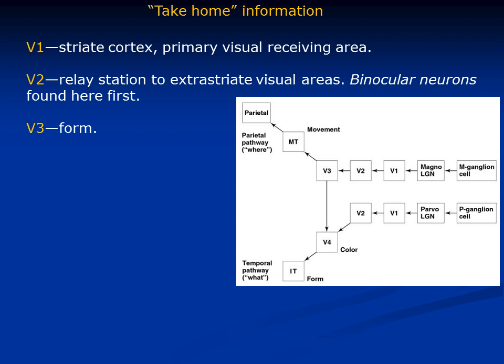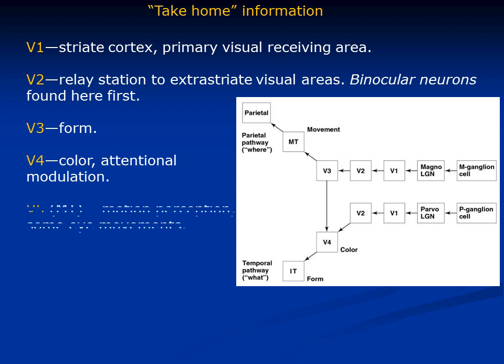V3 processes form, the shapes of things. V4 is color. This is the area that's usually damaged in color agnosias. Also attentional modulation, so how much attention do we pay to something? V4 plays a role in that, and that's a pretty big deal. We'll talk about attention later in the semester.